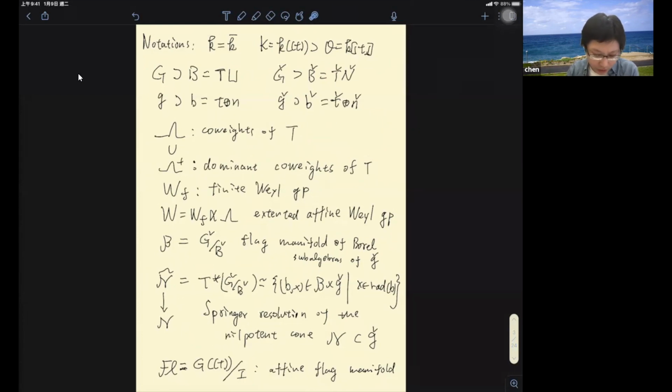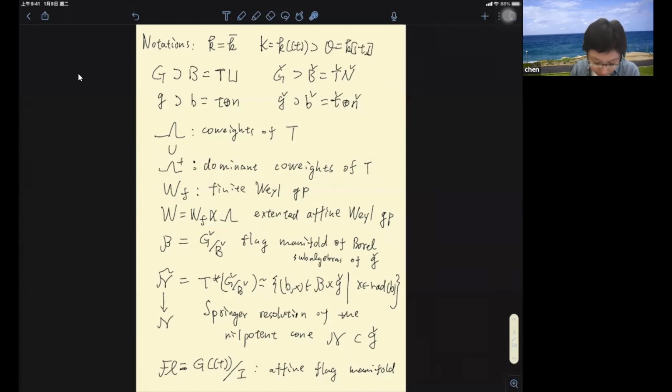Some notations. We fix an algebraically closed field, a local field and its ring of integers. We fix a reductive group G over K, and the Borel, and also the dual group, which is denoted by G check, and same for B, the maximal torus and the unipotent radical. Lambda is the coweight lattice of T, and we have the dominant coweights, which is denoted by lambda plus, and we have the finite Weyl group and the extended affine Weyl group.